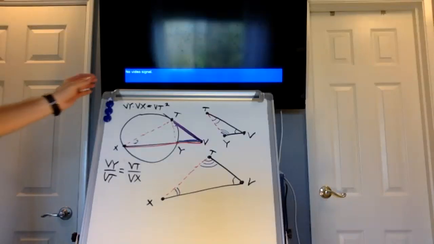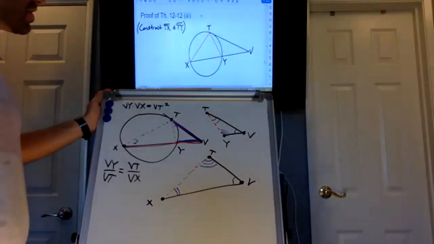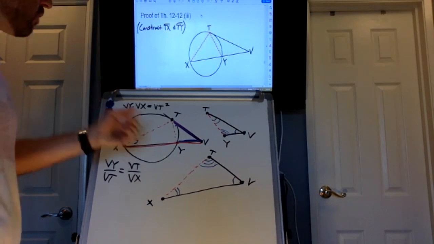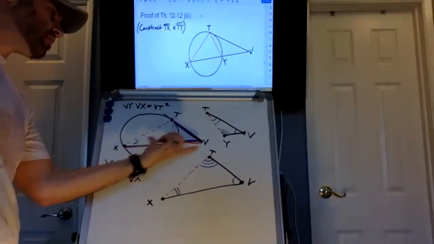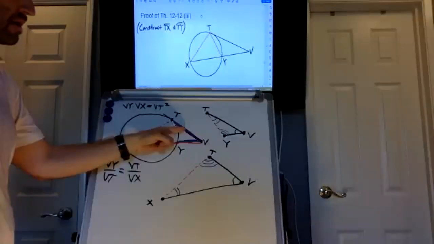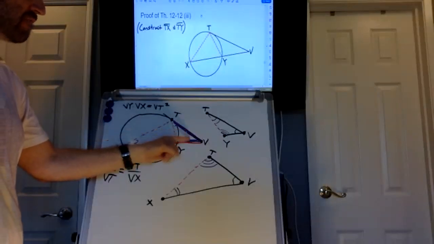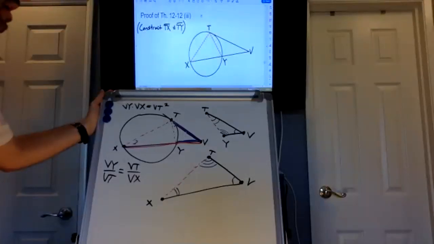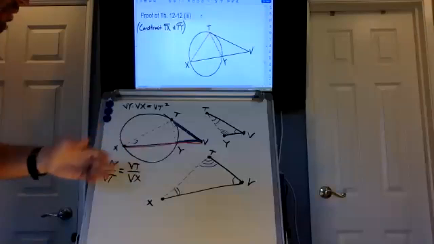If you want to word it that way, you can say that the tangent segment is the geometric mean between these two distances, the blue and the red. Vt is the geometric mean. Purple is the geometric mean of blue and red. Yes, you can say purple is the geometric mean of blue and red. That is something you can say because we've proved it.